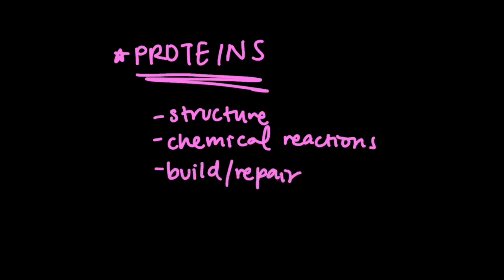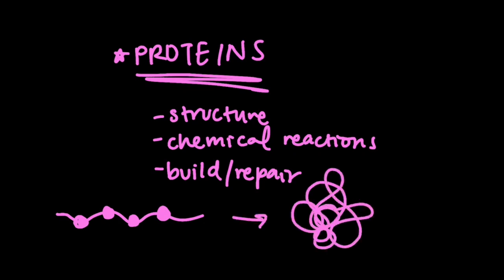We can imagine proteins as a chain of amino acids. Kind of think of them as beads on a bracelet that fold and twist into distinct three-dimensional shapes. The structure of a protein, along with the chemical properties of its amino acids, determines its function.